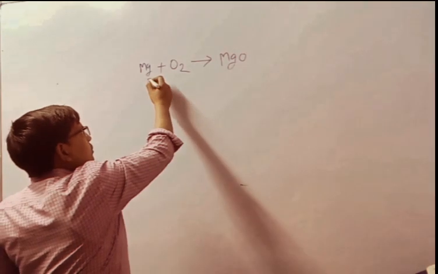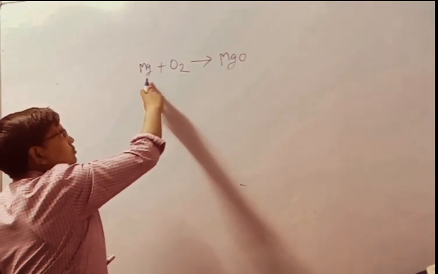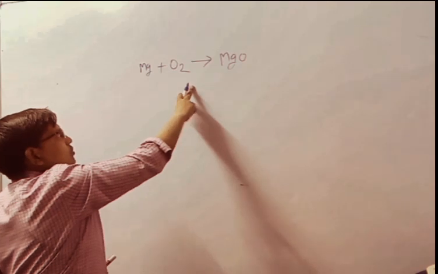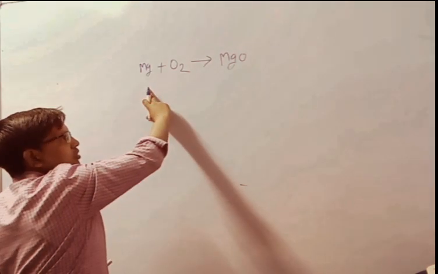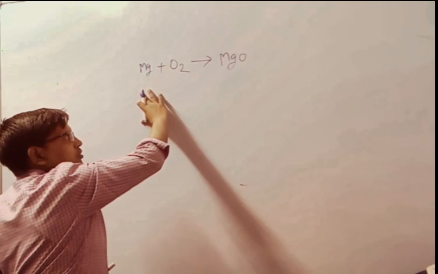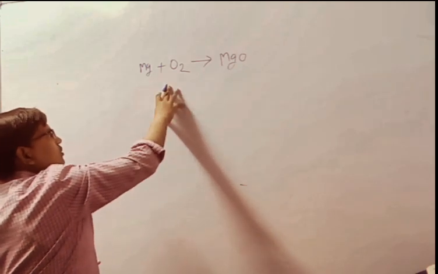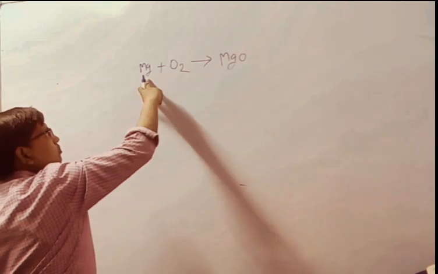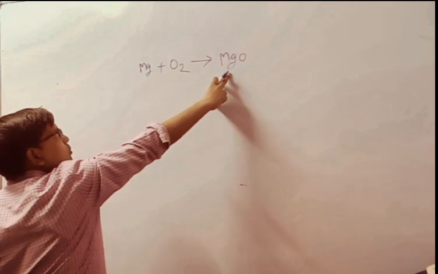Here, if we see the elements of magnesium and oxygen, both are not equal on both sides. This side we call the reactant side, and this side is the product side. If we compare, here there is only one magnesium, and here also one magnesium.